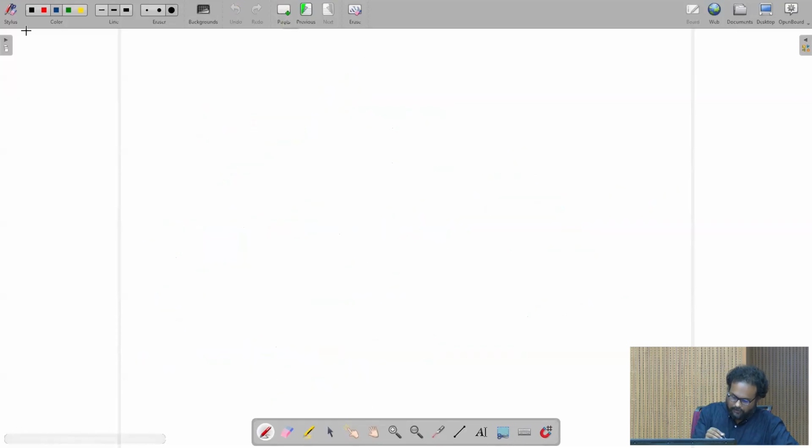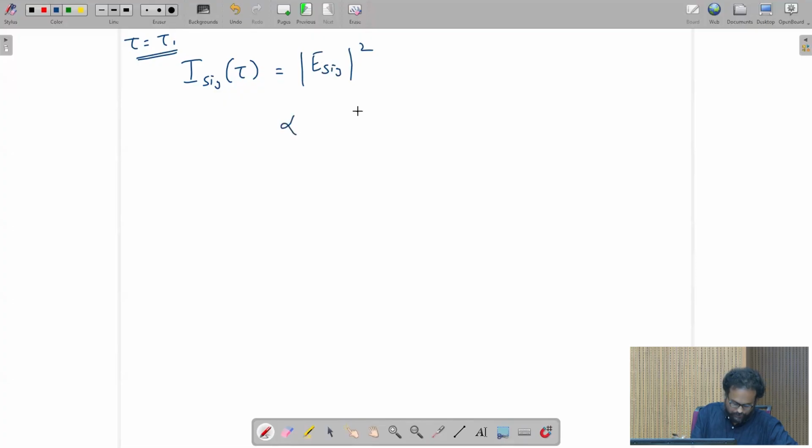Let's go a bit further, because what we actually measure in practice is the signal as a function of tau. Now, because tau is basically tau 1, there's only one delay between the two pulses, the signal will be proportional to the integral from minus infinity to infinity d tau 3, because you are integrating everything emitted after the third interaction, of the absolute square of R3(tau 1, tau 3).